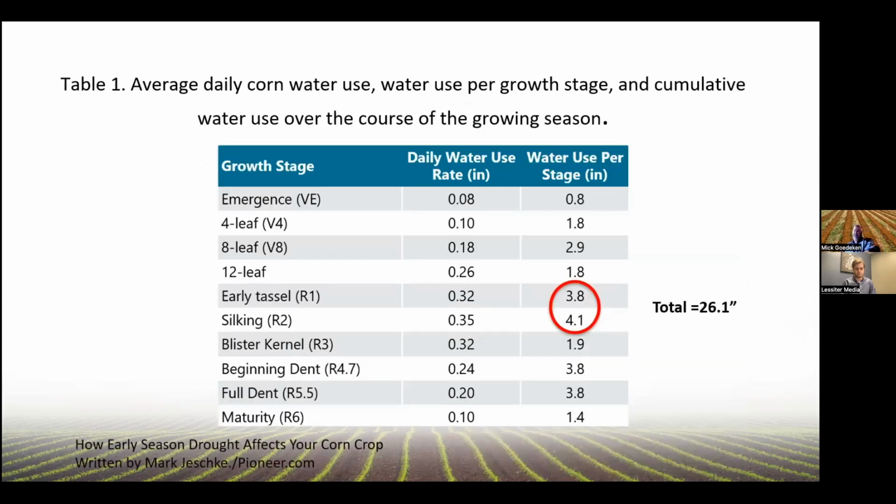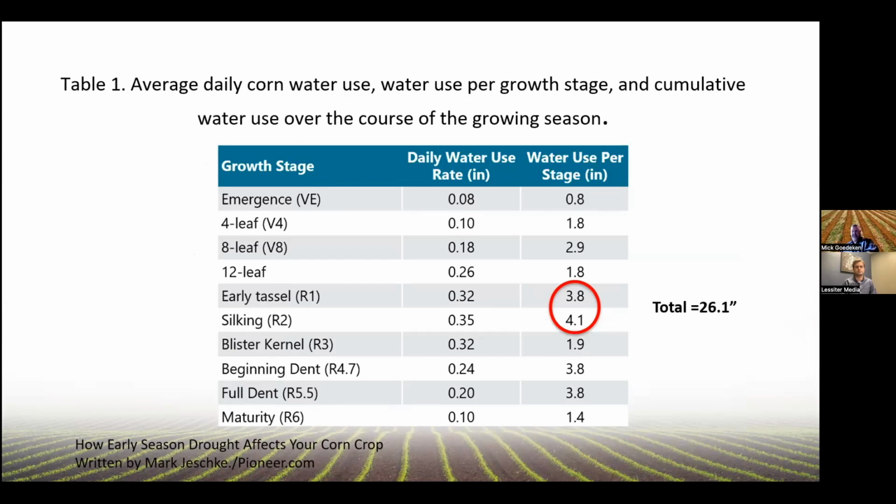A corn plant takes about 26.1 inches, anywhere from 25 to 27 depending on who you're talking to, of water to produce that corn crop.